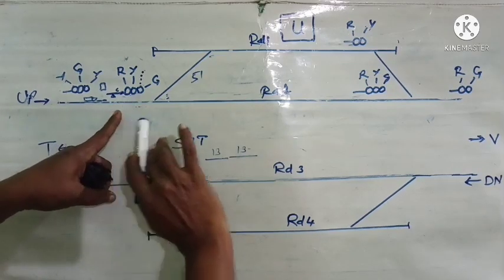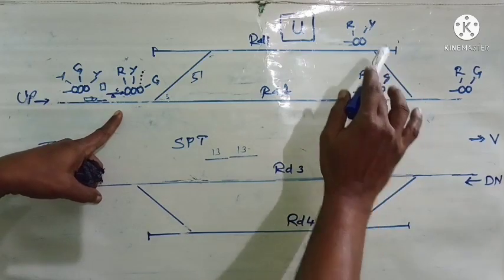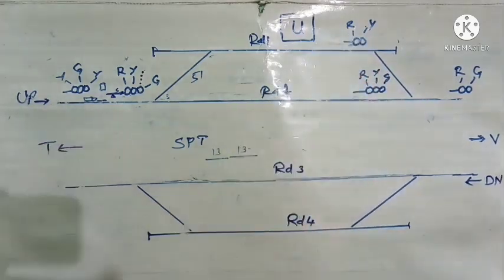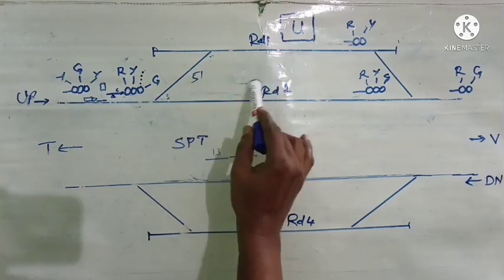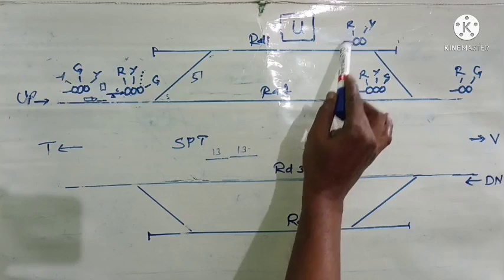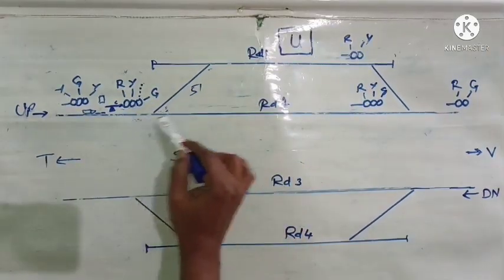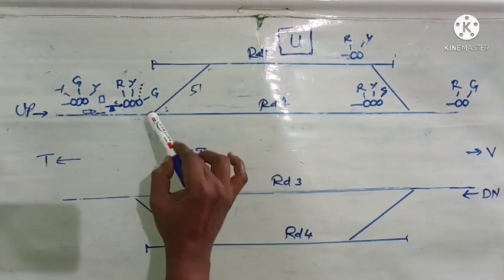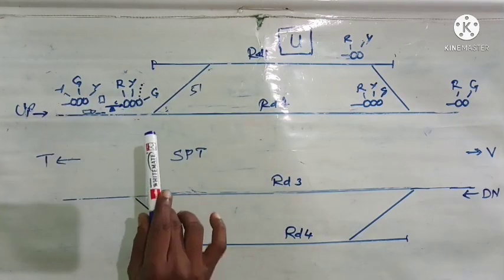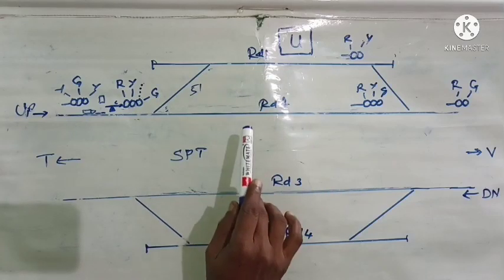Here while taking off the signal, we are giving a signal overlap which is not less than 120 meters from the starter. When the train is received on calling on signal, it is enough to keep the line clear only up to the starter. When the SM tried to receive the train on calling on signal, the calling on signal failed to obey. That means the calling on signal failed. Now what is the alternative?